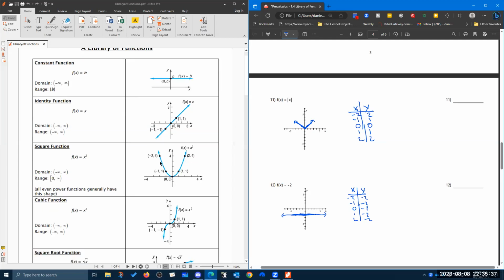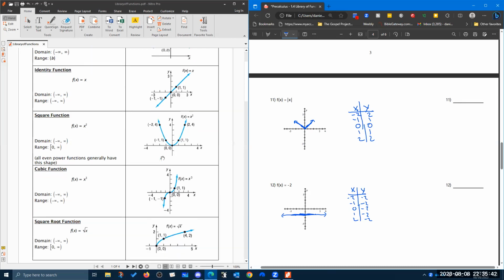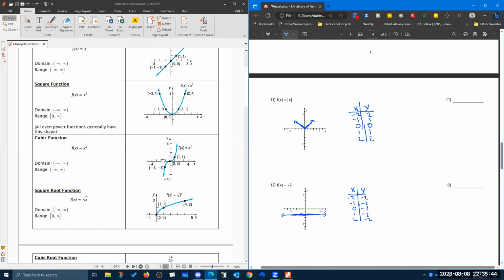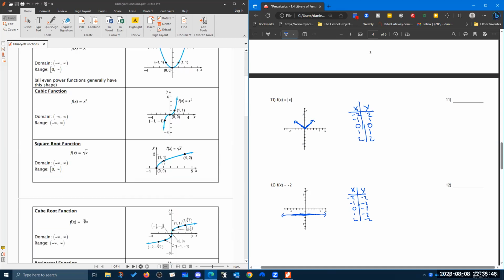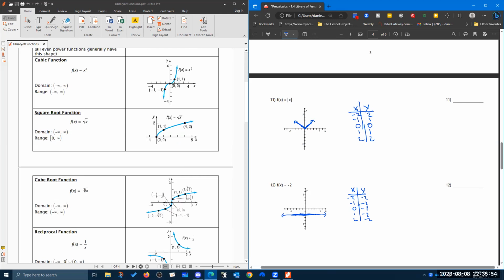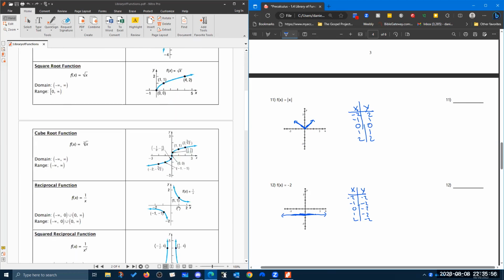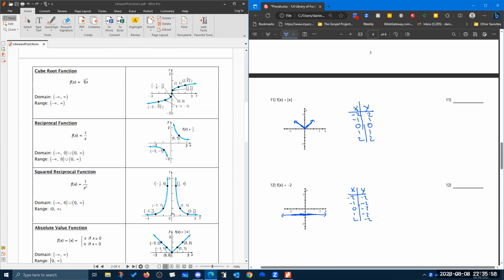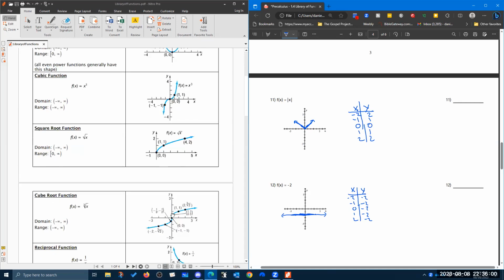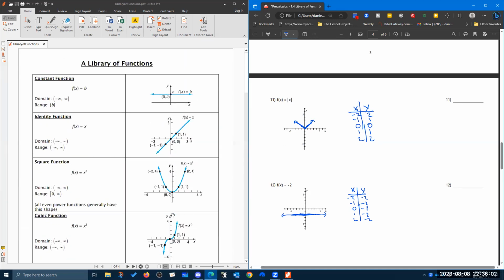Sometimes the teacher will call these parent graphs because we're going to transform them, and we say that when we transform the parent, we make a child that looks like the parent, has a lot of the same characteristics, but it's different. So we did not do a cube root, and we did not do a reciprocal. We did not do a squared reciprocal, but go ahead and learn those as well. See you for the next video.